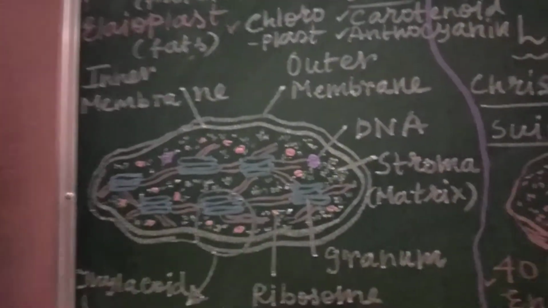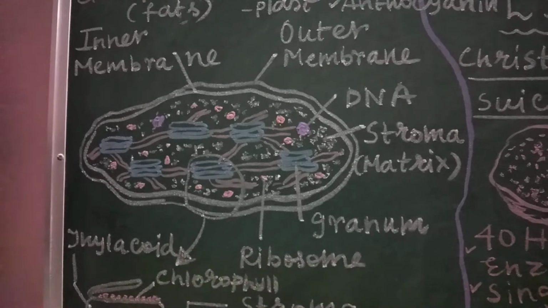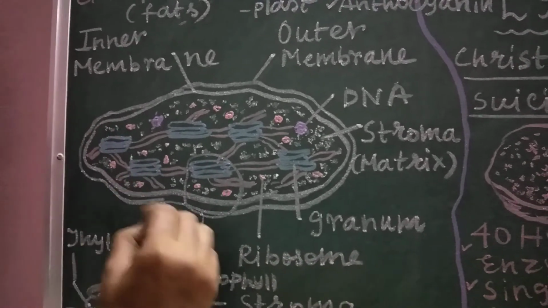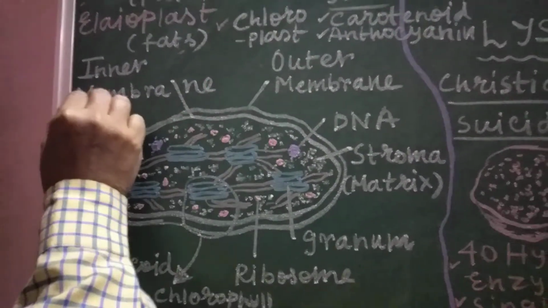Here is an ultrastructure of chloroplast, which is very important to discuss. Chloroplast is a double membrane structure. Here you can see this is the outer membrane, this is the inner membrane.